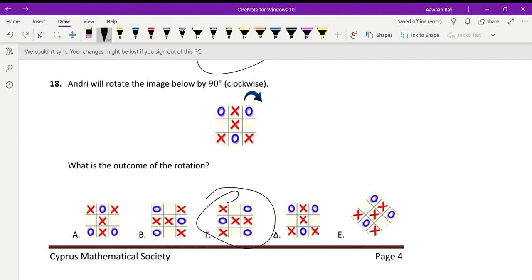This is 180 degrees. It's also wrong. And this is 270 degrees clockwise or 90 degrees anti-clockwise. Either way, gamma, we said that's correct, and delta is basically the same thing.